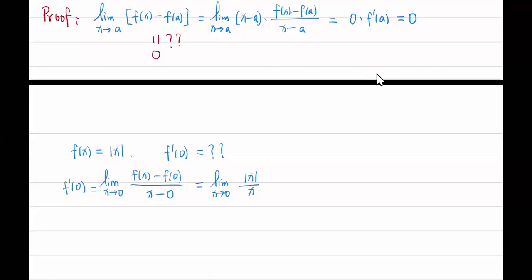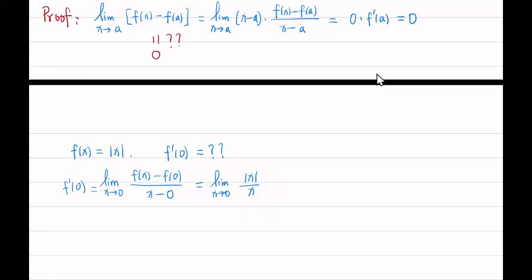Again, how do you find this limit? x cannot be 0, so we cannot substitute. Elisa, you arrived. What would you do for this limit? Do the limit for the positive and the negative.